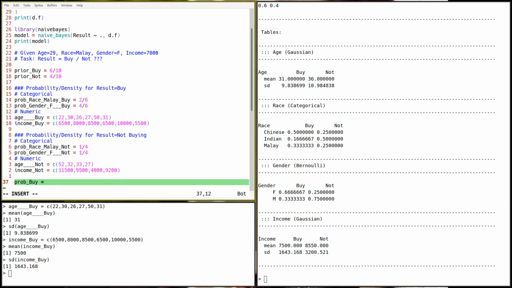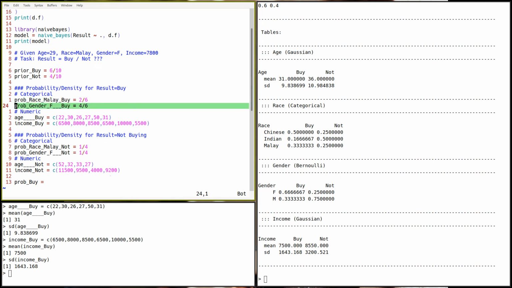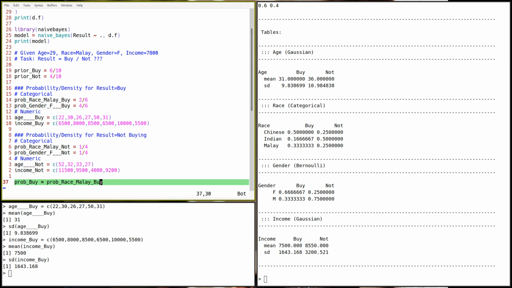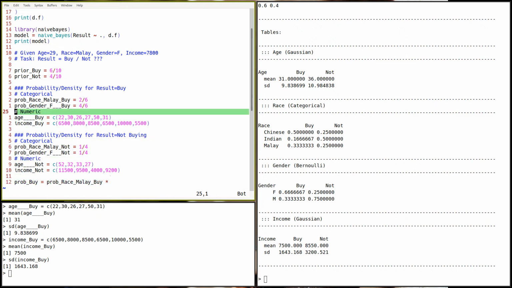The estimate of buying is going to be the condition given, so it's going to be this amount times this amount.